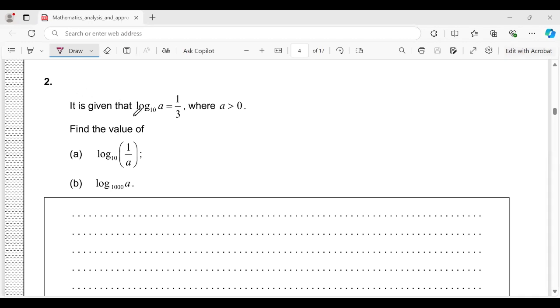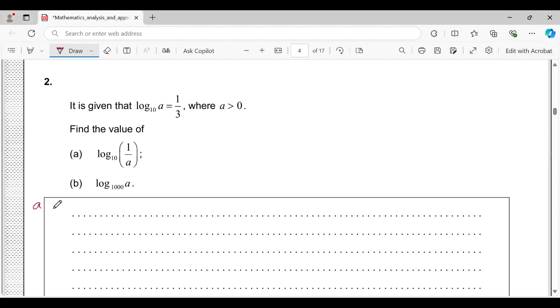Number 2, it is given that log 10 a equals 1 over 3, where a is greater than 0. Find the value of log 10 of 1 over a, and log 1000 a. Okay.